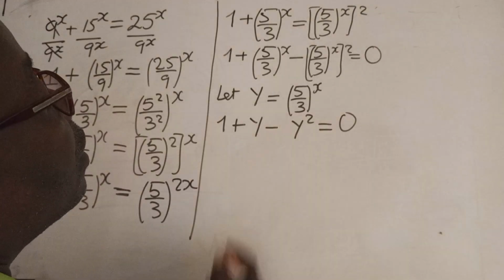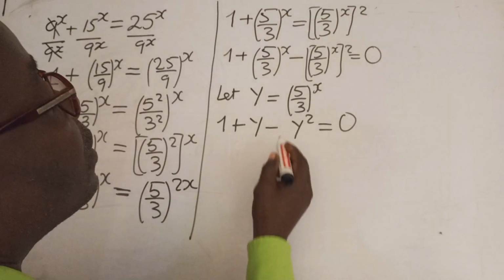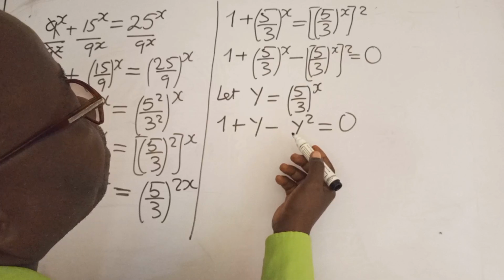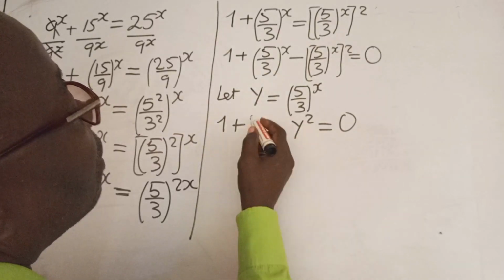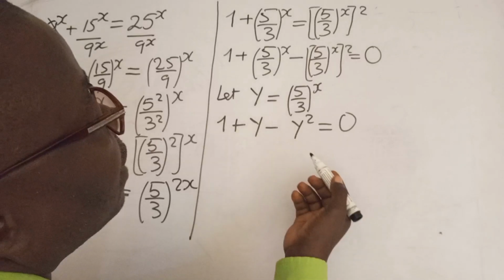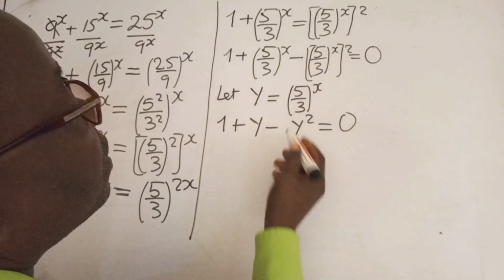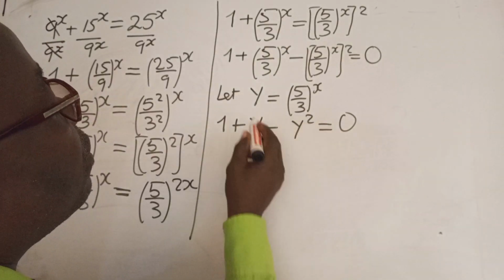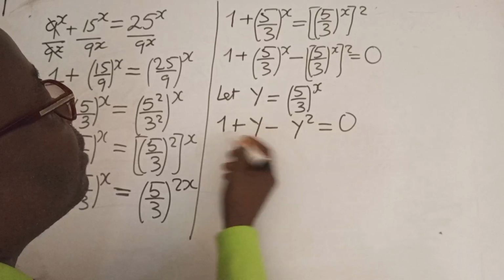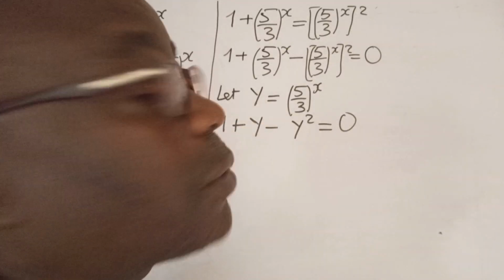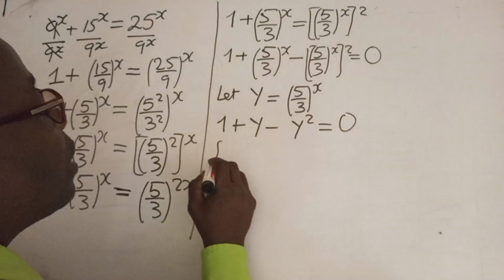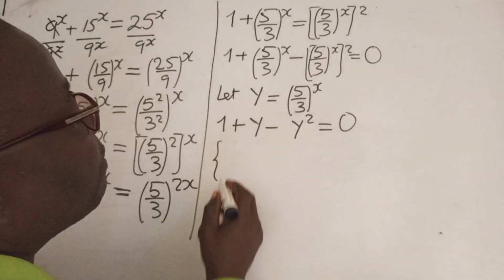So to arrange it very well, since we want to work with positive coefficients or whatever, you can still work with it as such. This is our square expression, this is the y expression, and this is the constant. So from here we have this quadratic equation, from whence we now collect our quadratic coefficients.